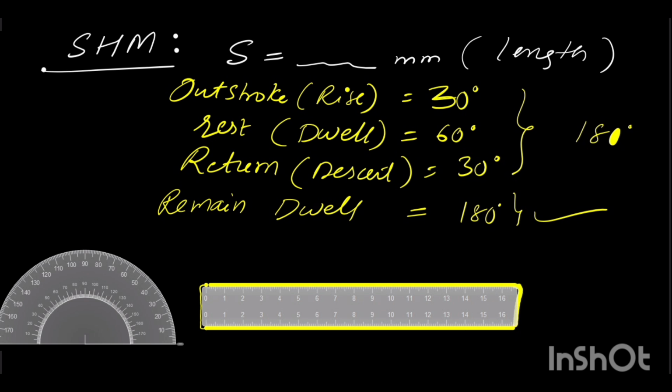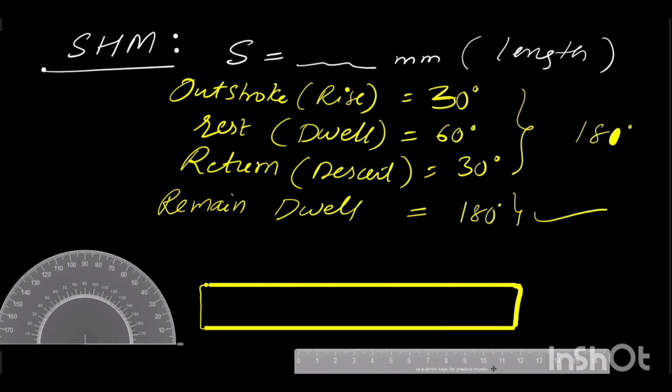This y-axis represents the size of the stroke, whatever values are given. For example, you can take 20, 30, 40 mm, anything. If it is given as 50 mm, then take this height as 50.